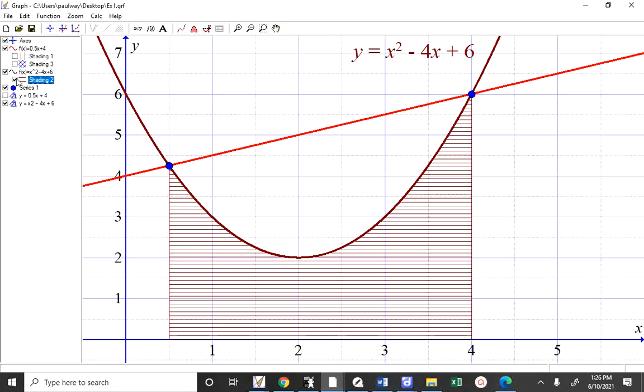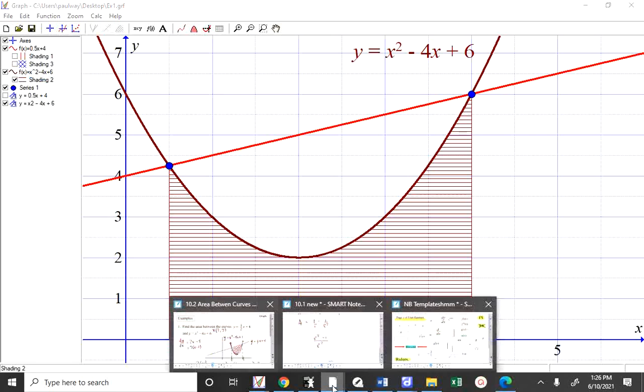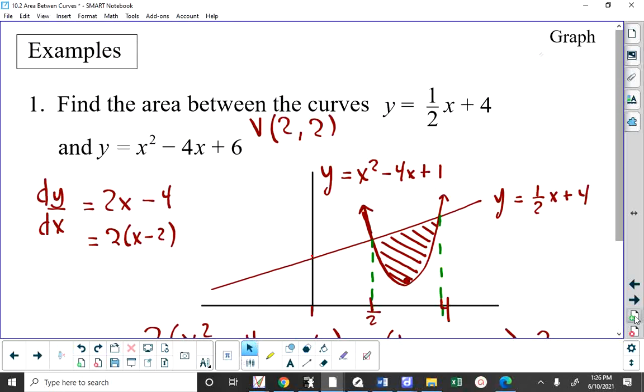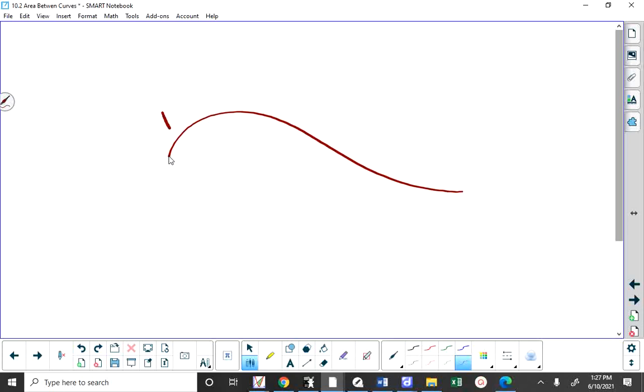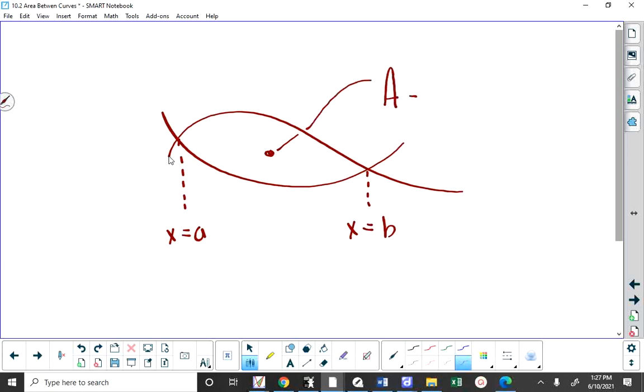And that's a really good thing to remember at this point, that as long as we have one function above the other, from, say, x equals a to, say, x equals b, this area should be equal to the integral from a to b of the upper function minus the integral from a to b of the lower function.